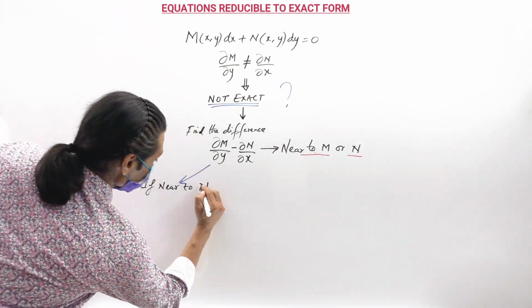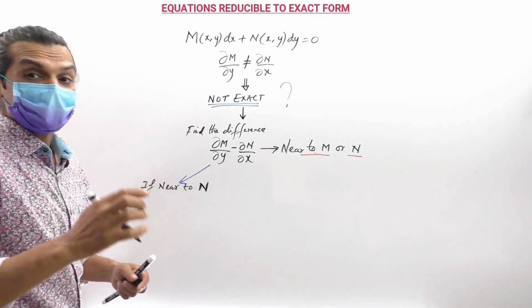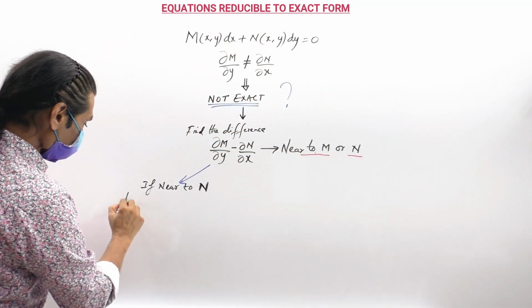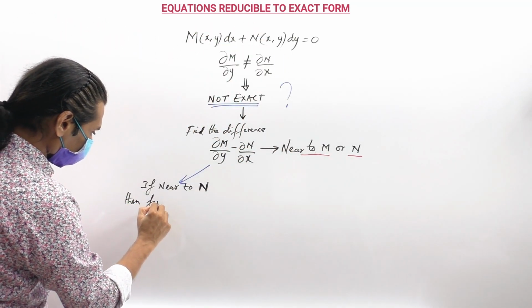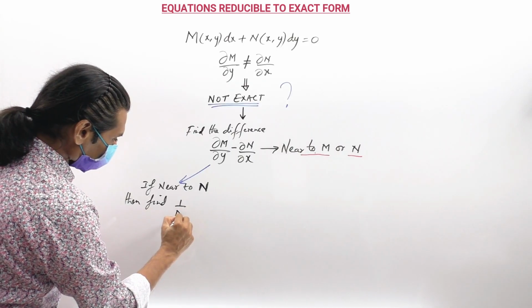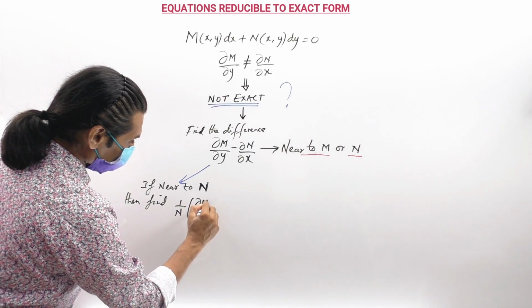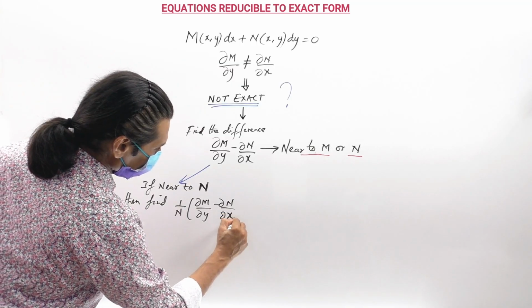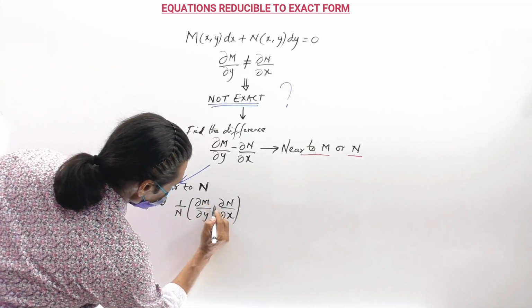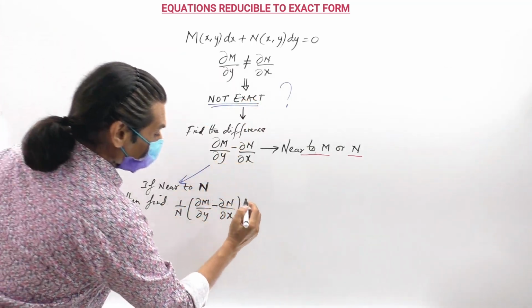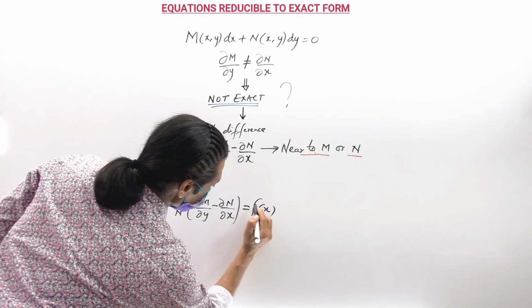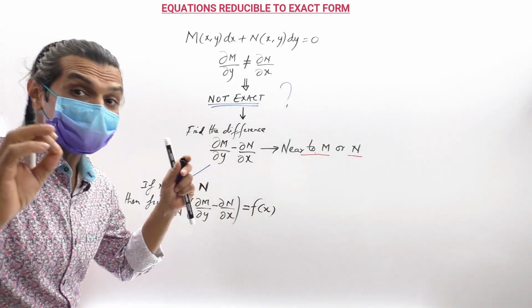If the value is near to N, then find 1 by N into dou M by dou y minus dou N by dou x, this difference, and that is taken as F of x. Understand, it is taken as F of x.